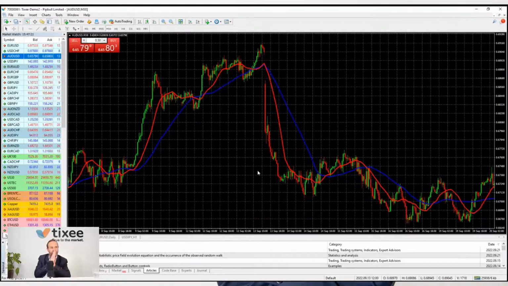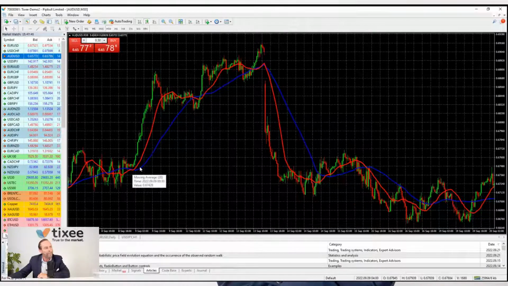So remember the rule of thumb. The faster MA, in this case the 20, crosses above the slower MA, in this case the 50, the blue line. It suggests a change in direction and that we're going into an uptrend. As we can see here, as the 20 passes above the 50, we have an uptrend.